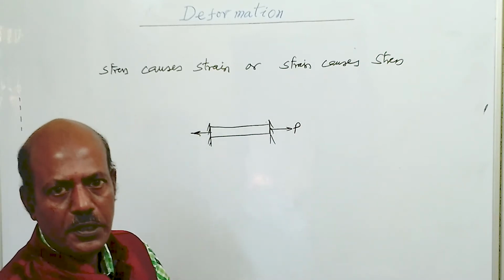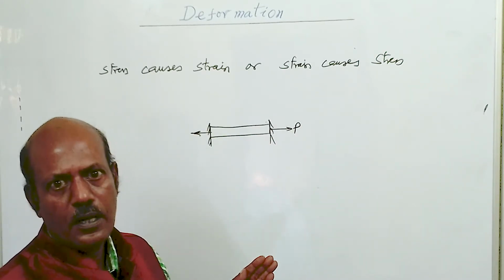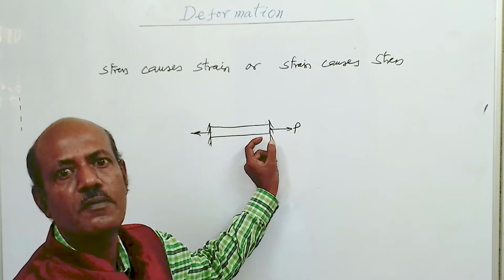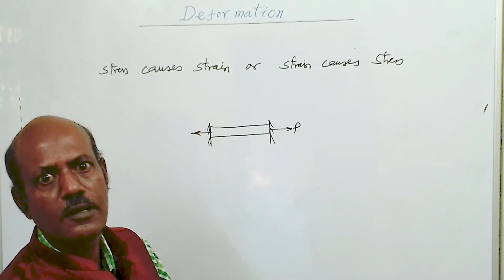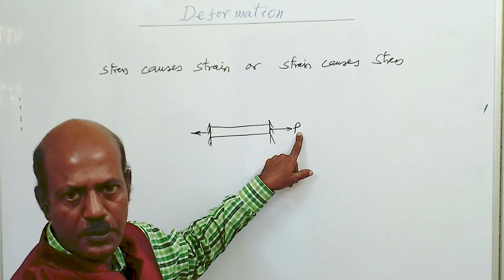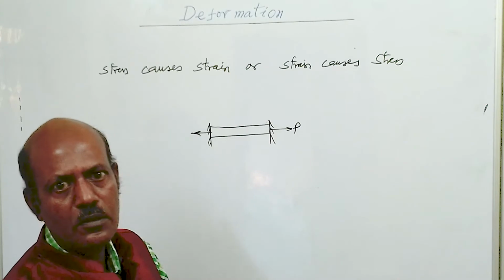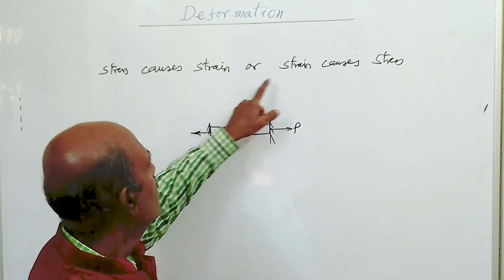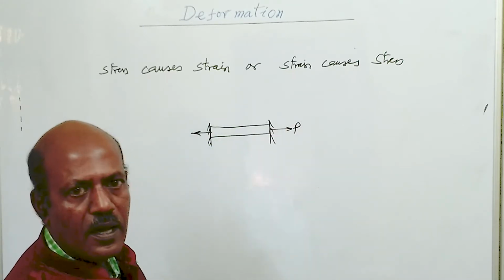Because of load P, if there is some deformation produced in the bar, then only that deformation will be resisted by the end support and stress will develop in the bar. If the deformation produced due to load P is 0, then stress will not develop in the bar. So the statement strain causes stress is the correct answer.